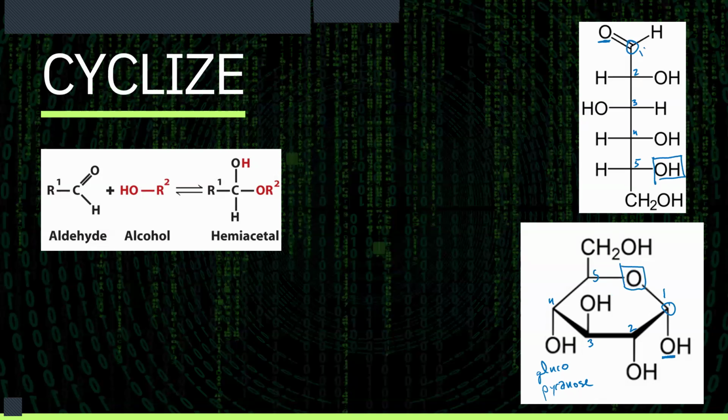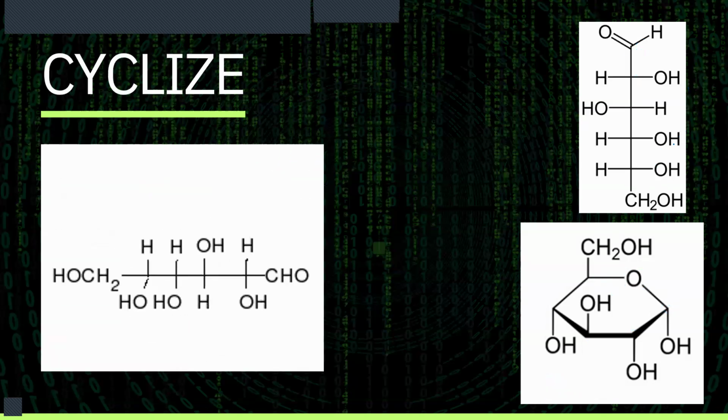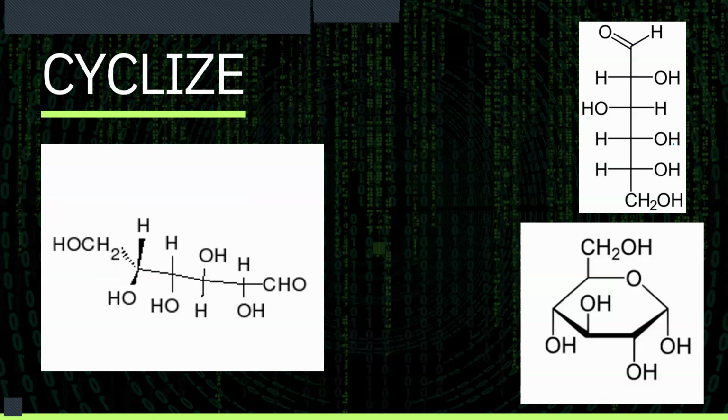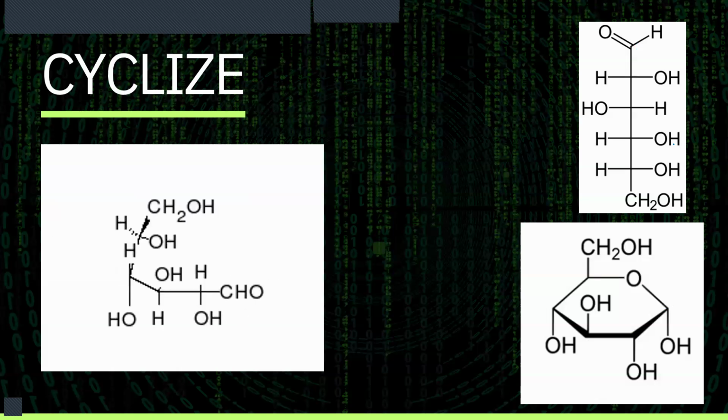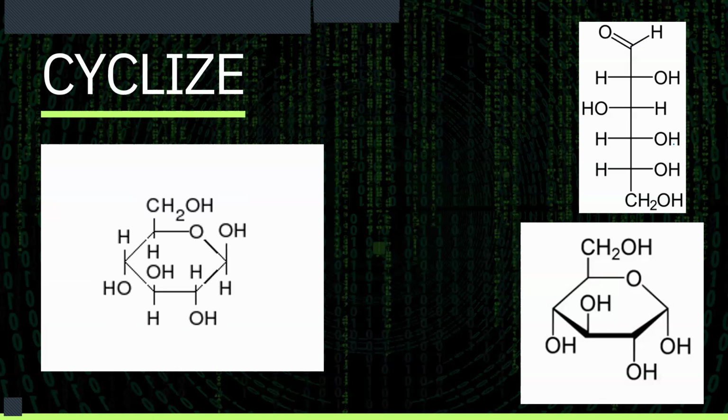So what we've got is a partial positive charge attacking the partial negative charge of that alcohol. The aldehyde reacts with that alcohol to form a hemiacetal. This is what that looks like, resulting in the different hydroxyl groups being positioned upwards or downwards with respect to the ring.